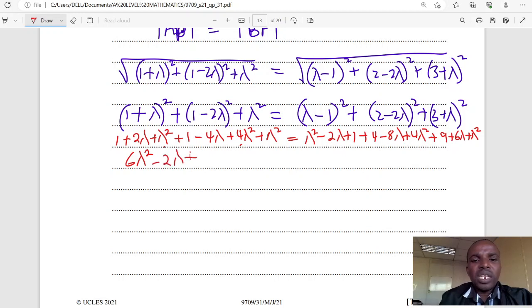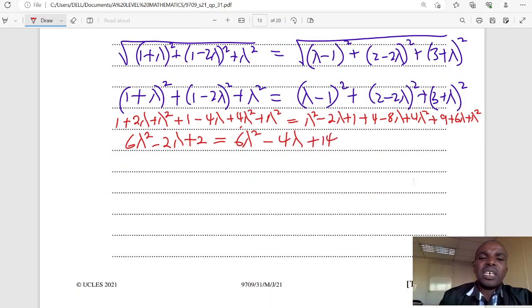Then 1 plus 1 is 2. Equals, on this side, lambda squared plus 4 lambda squared plus lambda squared is 6 lambda squared. Then minus 2 lambda minus 8 lambda plus 6 lambda is minus 4 lambda. Then 1 plus 4 plus 9 is 14.